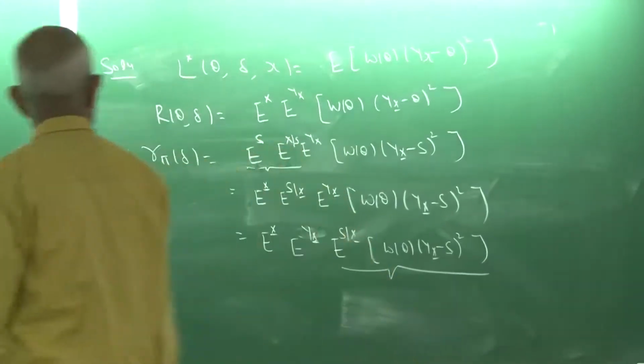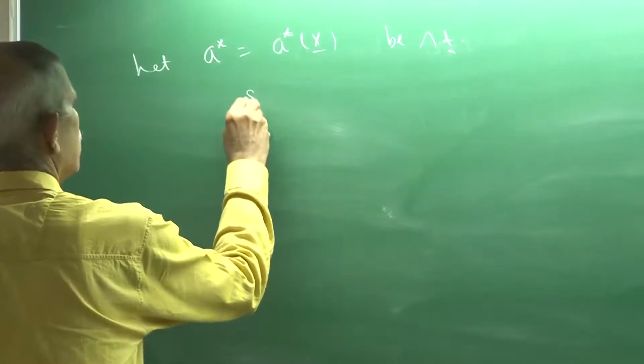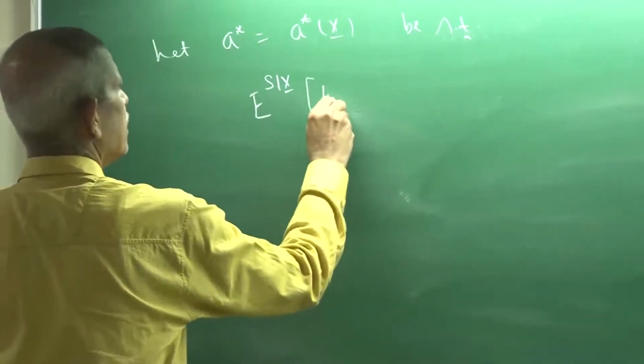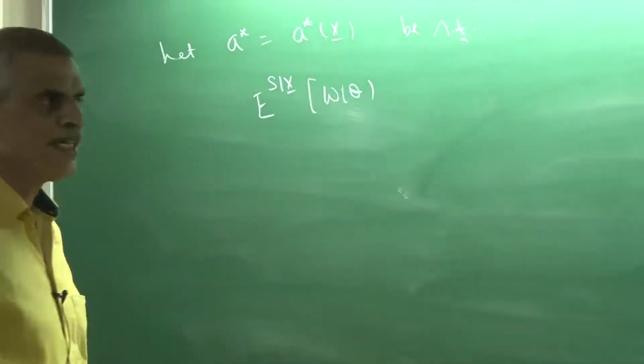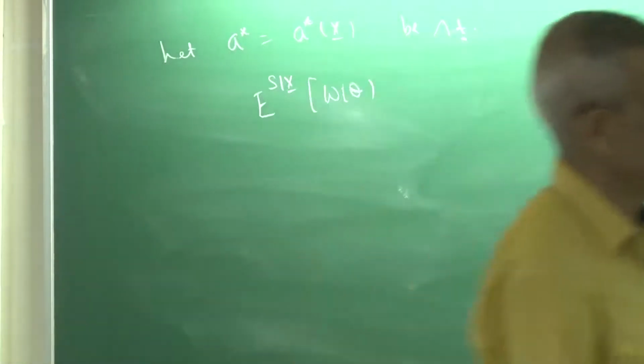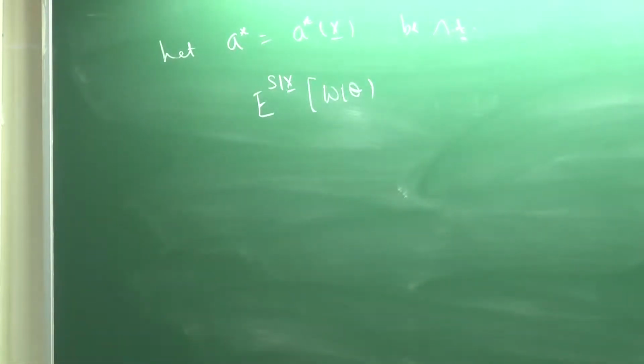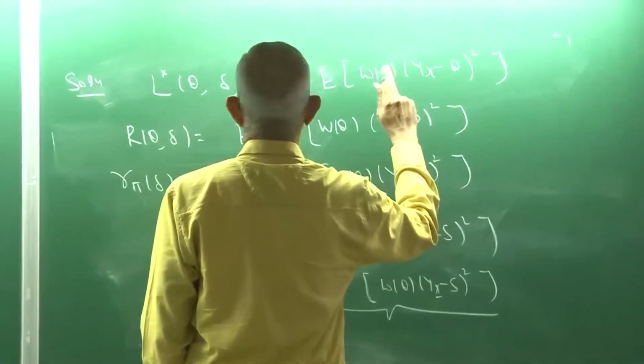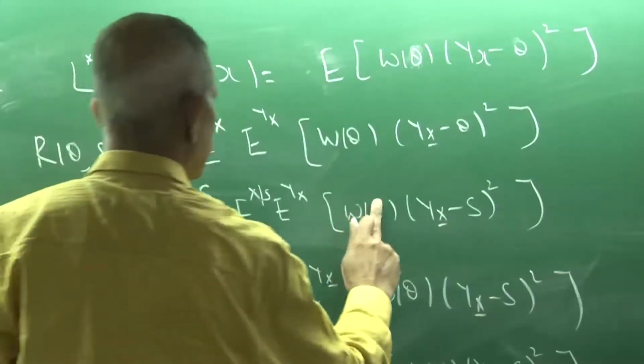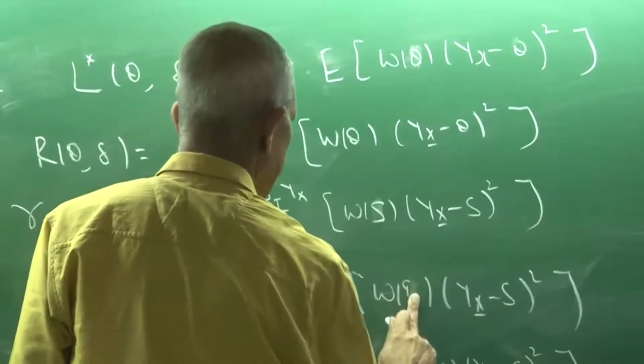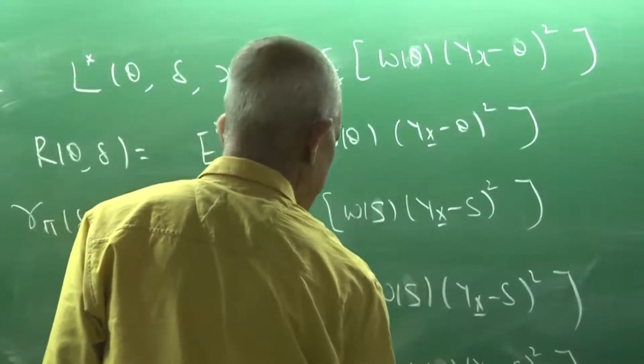That means the expected value of s given x of w theta. Actually, this w theta everywhere should be ws, because theta as a random variable is denoted by s. Yeah, so here it is okay. Here it should be ws, ws.